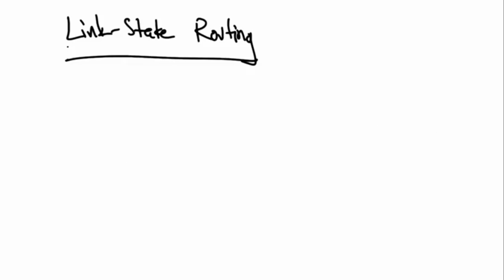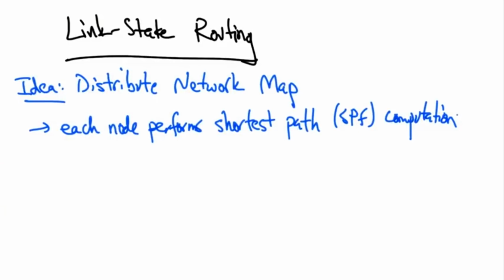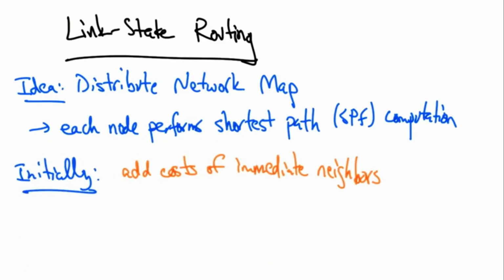The prevailing alternative, and the one that is used in most operational networks today, is link state routing. In link state routing, each node distributes a network map to every other node in the network, and then each node performs a shortest path computation between itself and all other nodes in the network. So initially, each node adds the cost of its immediate neighbors, dV, and every other distance to a node is infinite.